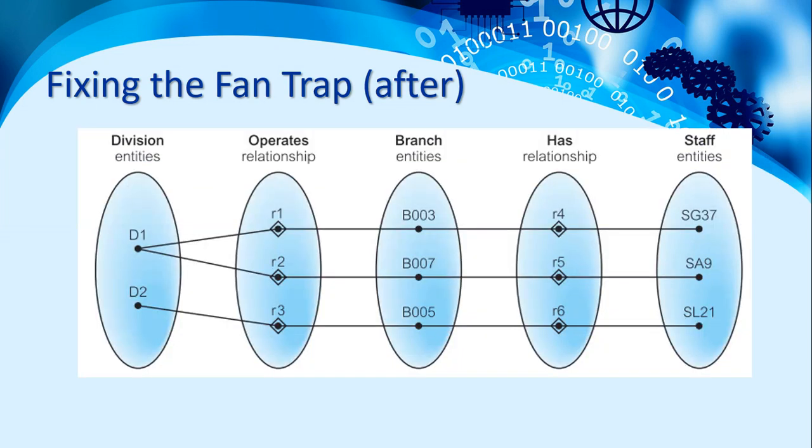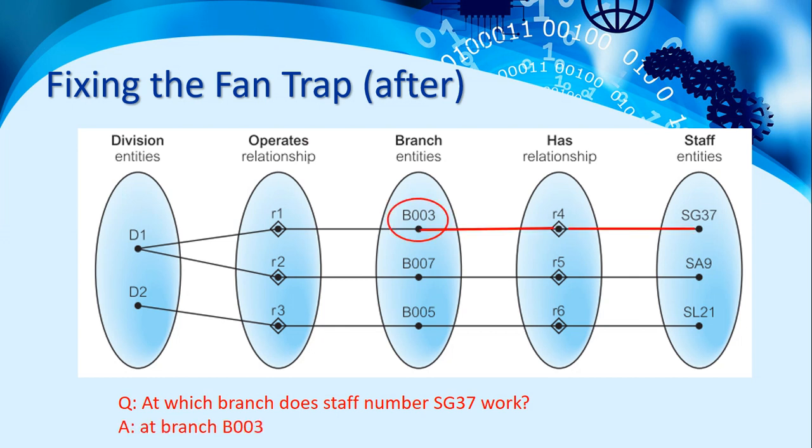If we examine the occurrences of the operates and has relationships, we are now in a position to answer the earlier question: which branch does staff number SG37 work at? I think it's already very obvious now. It's at B003.